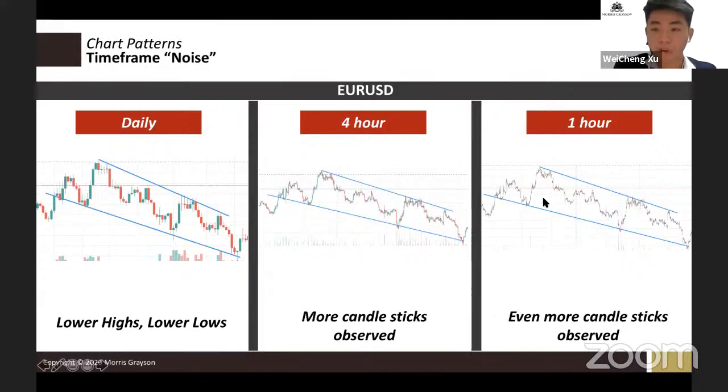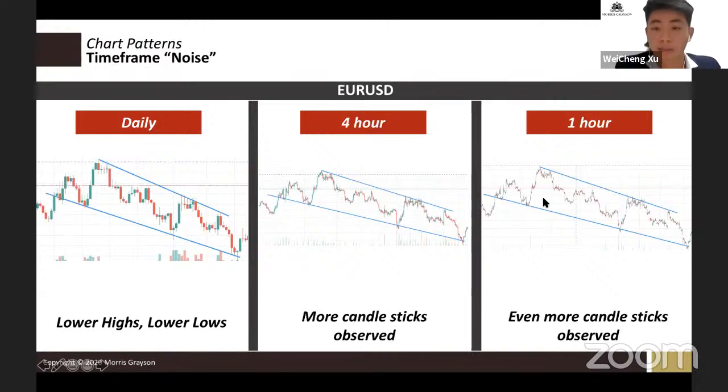For instance, in the 1-hour time frame, despite it being an overall downtrend, if one does not look at a higher time frame before going down to 1 hour, he or she might think that the market is in an uptrend or there's a reversal going on, or not be able to spot any potential chart patterns here. So it's very essential to go from higher time frame to lower time frame.